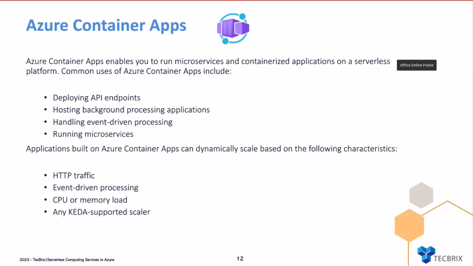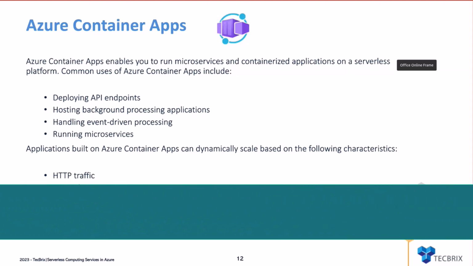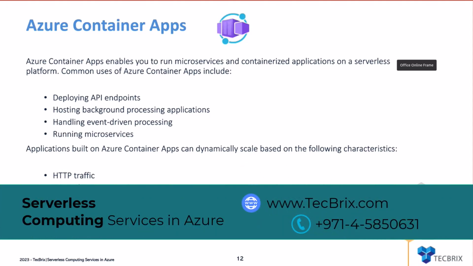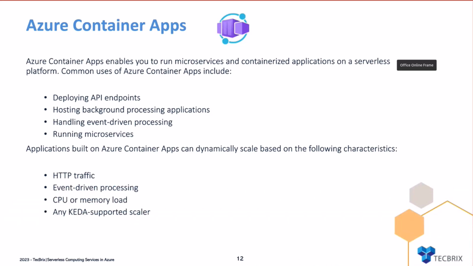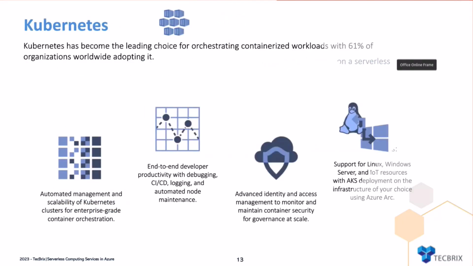They can be based on the HTTP requests that our application is having. We can have some event-driven processes. We have CPU or memory load that has increased, so it will definitely scale up. So if we have containers that have to be scaled up, we have KEDA, that is Kubernetes event-driven auto-scaling supported scaler as well.